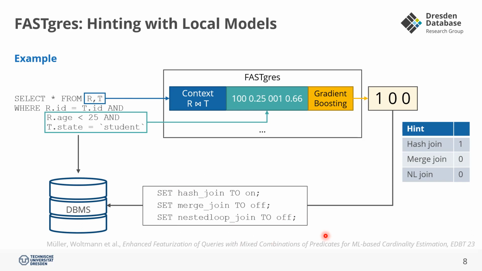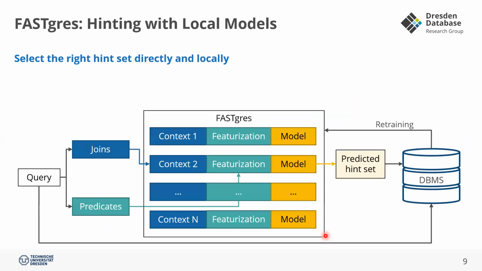So what is the local model approach? Well, this is the whole FastGRESS architecture. You can see every query comes into the system, and then the joins are analyzed, so you can map it to a certain context. There are several contexts, one for each combination of joined tables, and then you take the predicates and put them into the specialized featurization, which is really specialized for the context, and also a model.